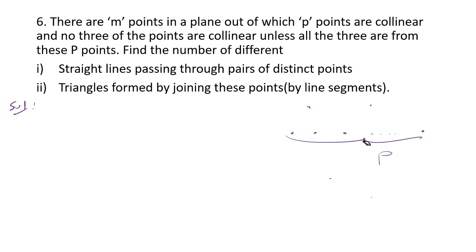Now we have to find how many different lines can be formed using 2 points. So joining any 2 points, we can have one straight line. So let us answer the first question. 2 distinct points give a straight line.